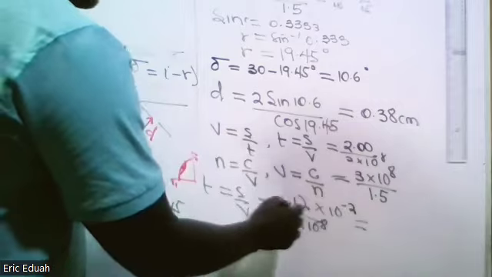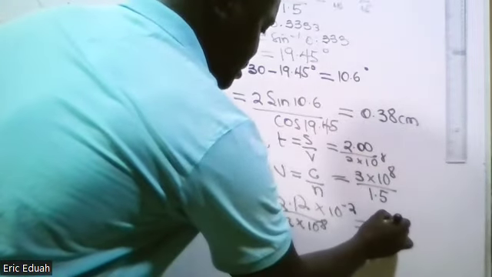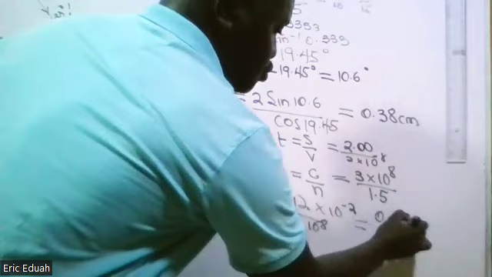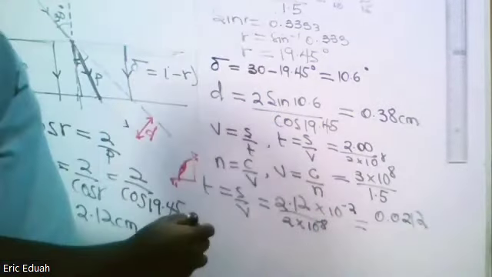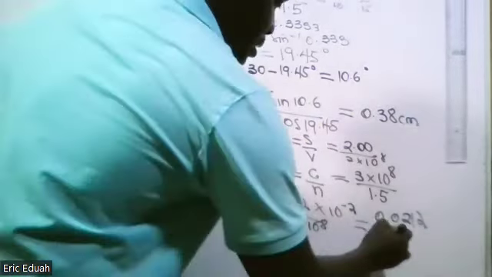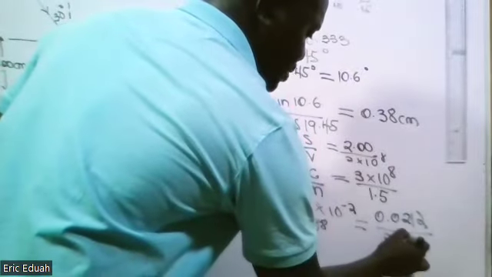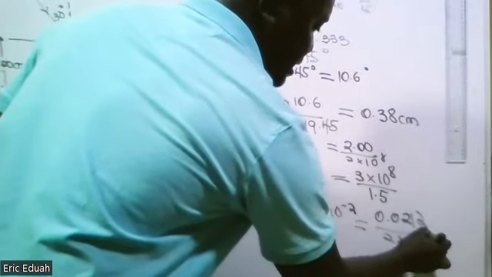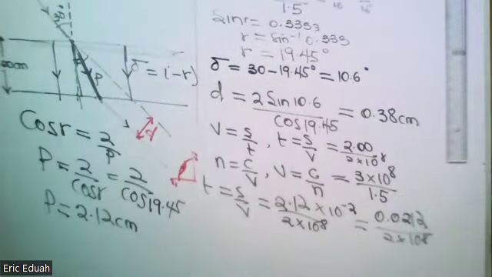Okay. So 0.0212 divided by 2 times 10 to the power 8 would give us the time. So give me the final results. 0.0212, or 2.12 divided by 2 times 10 to the power negative 10.